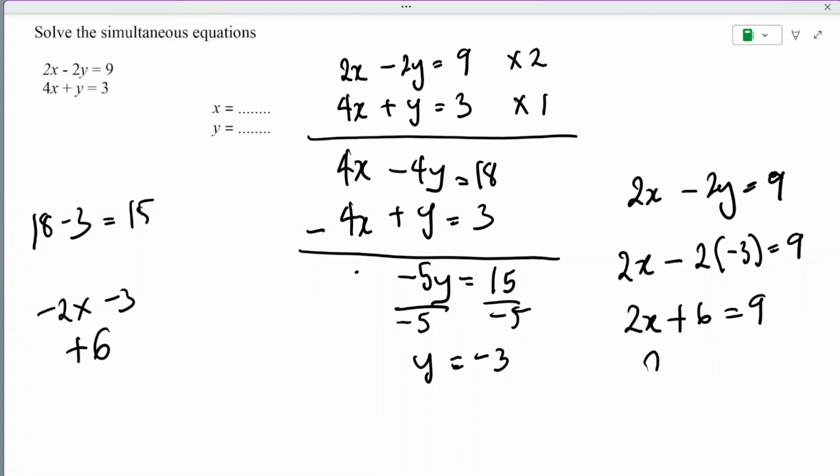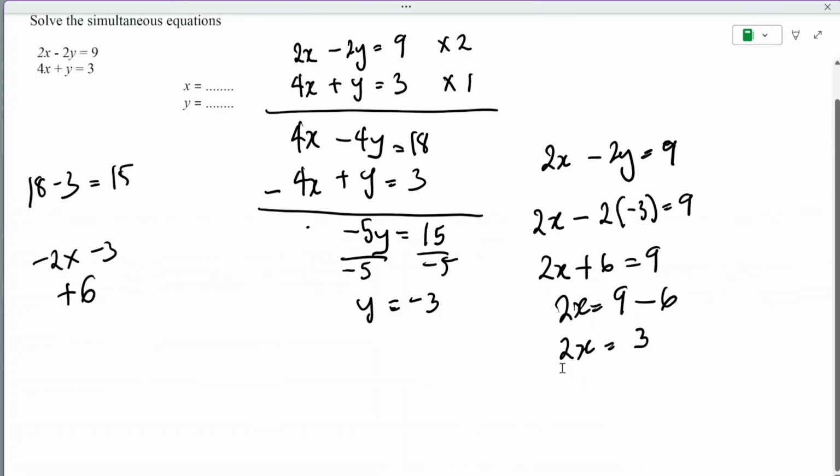Next, we have 2x equals 9, then positive 6 crosses the equal sign and turns to negative 6. Standard in math, you say subtract 6 from both sides, or you say add minus 6 to both sides. So we have 2x equals 9 minus 6, which will give you 3.